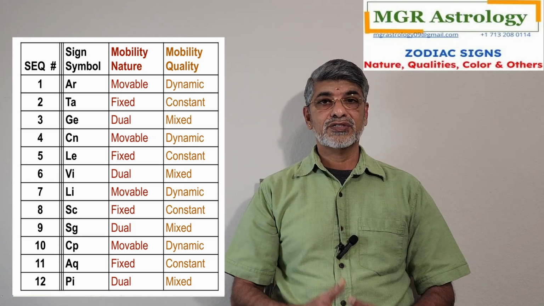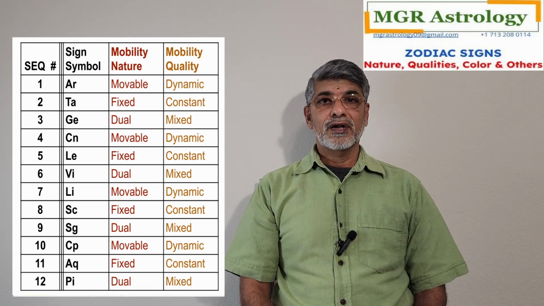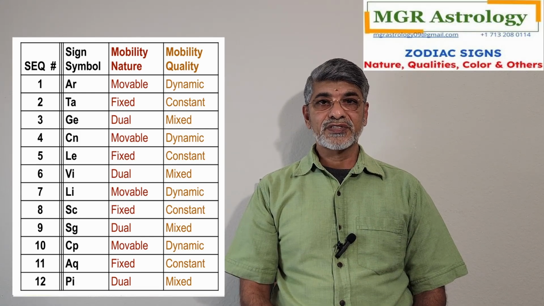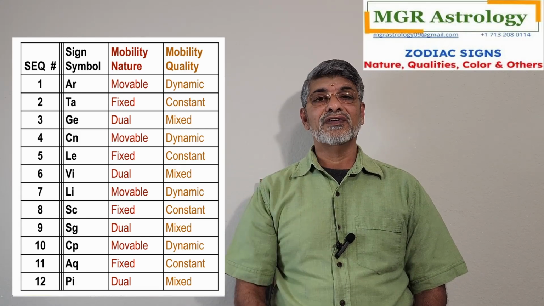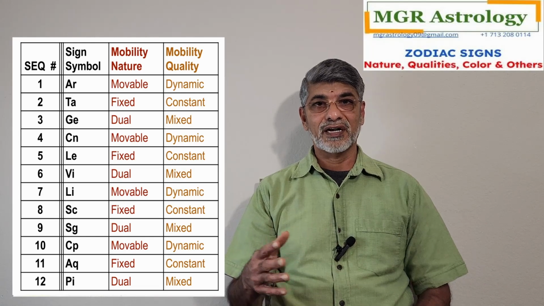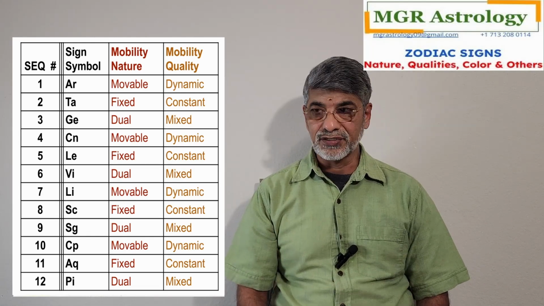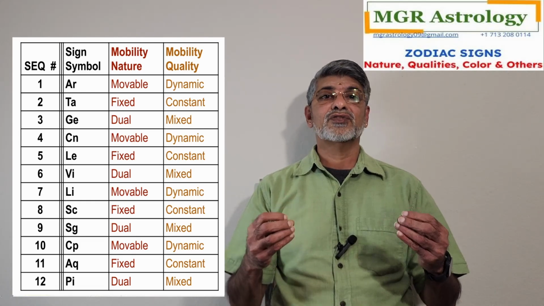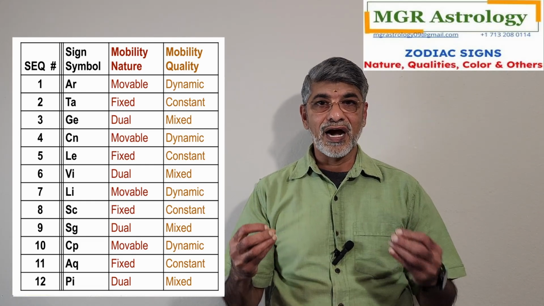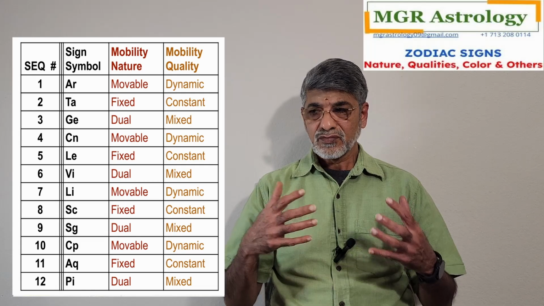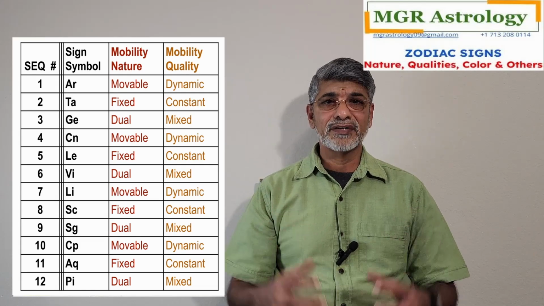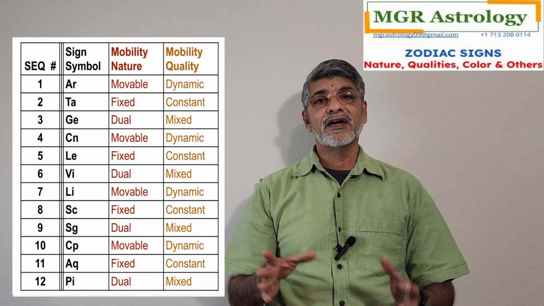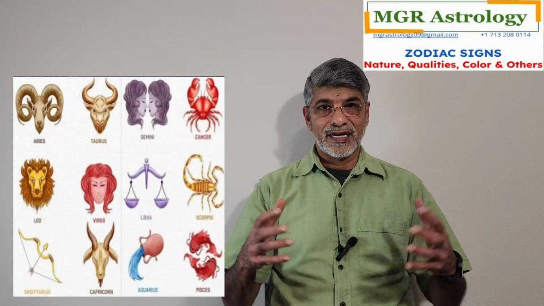So each movable quality, fixed quality, or dual quality will have four rasis allocated in each of these qualities. And also we can use the same thing with dynamic, constant, and varying, or mixed or vibrant for dual sign, and then we can analyze things.